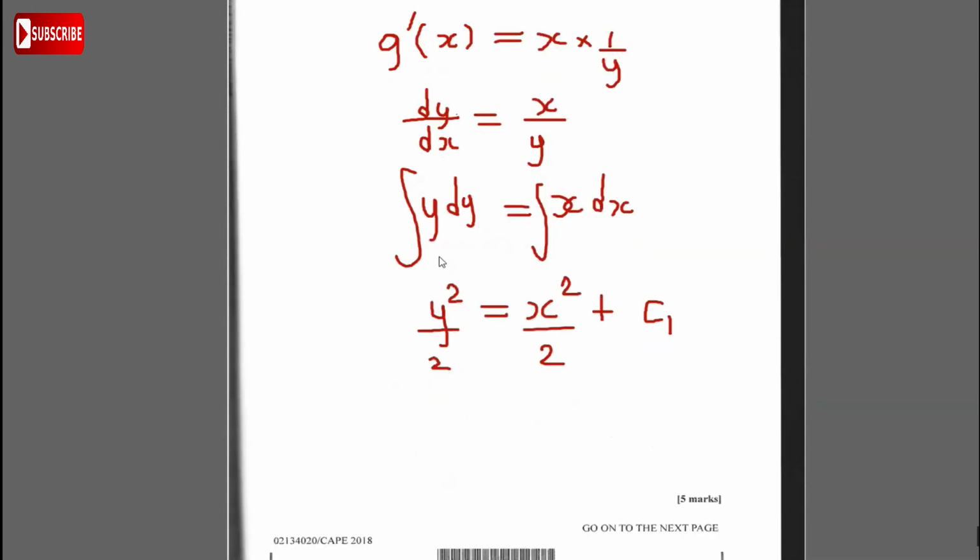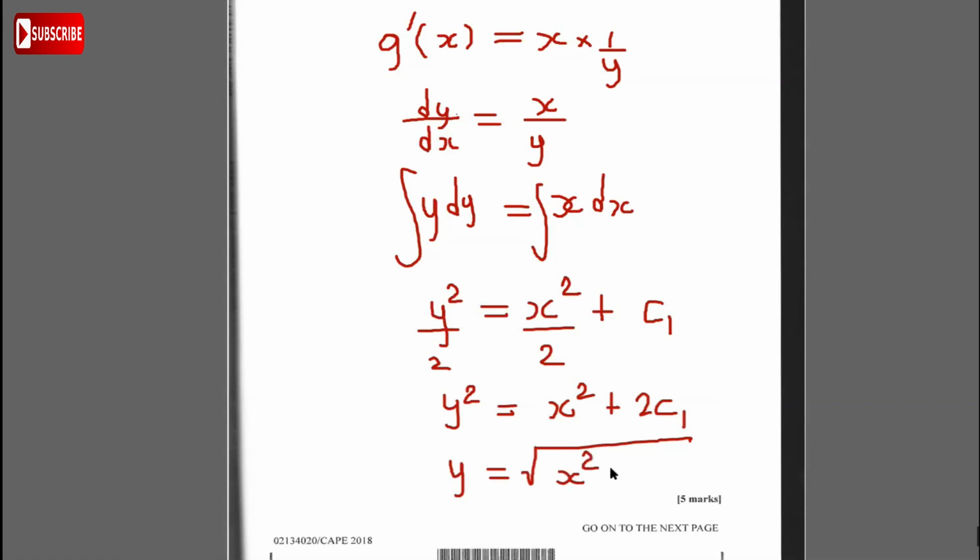Now I'm going to make y the subject by multiplying through by 2. Multiplying through by 2, I get y squared is equal to x squared plus 2c1. And then I square root both sides now to get y is equal to the square root of x squared plus k.